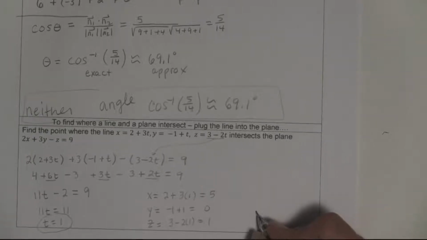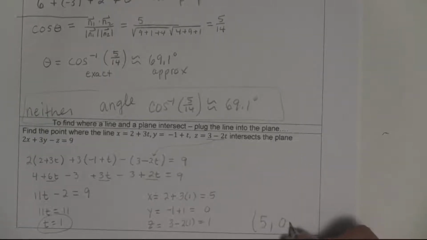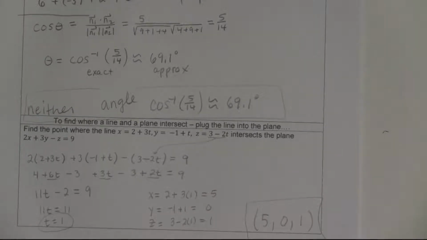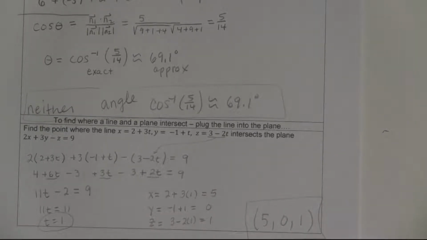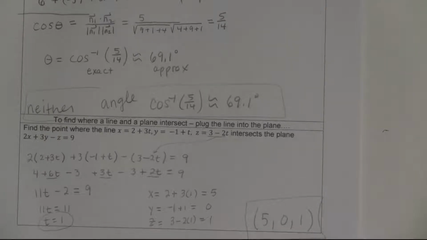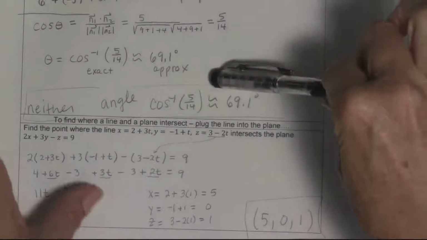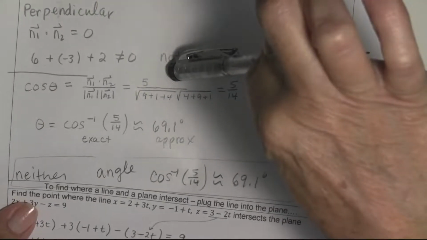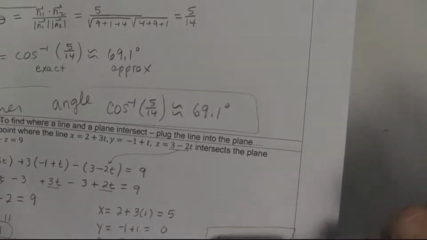So the point is (5, 0, 1), where the plane and the line intersect one another. A plane is like a piece of paper, right? And a line is like my pencil, and they're intersecting one another, and this is the point that they intersected at.